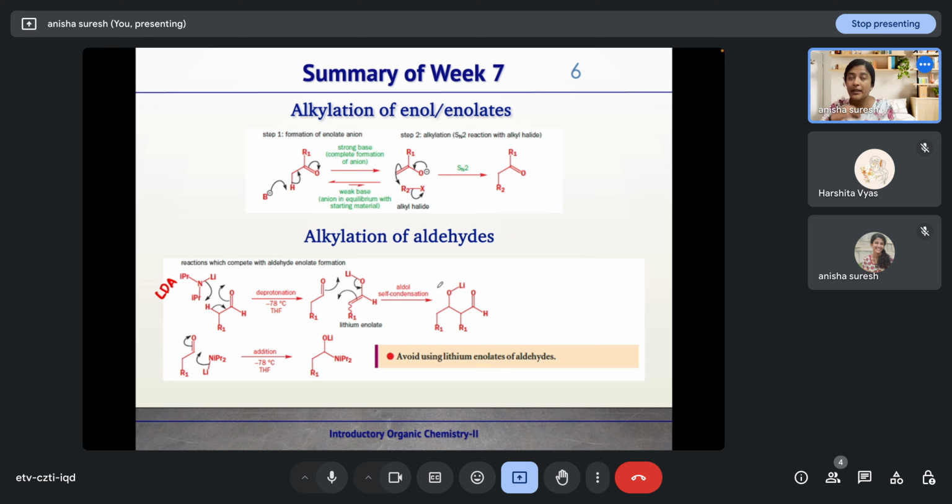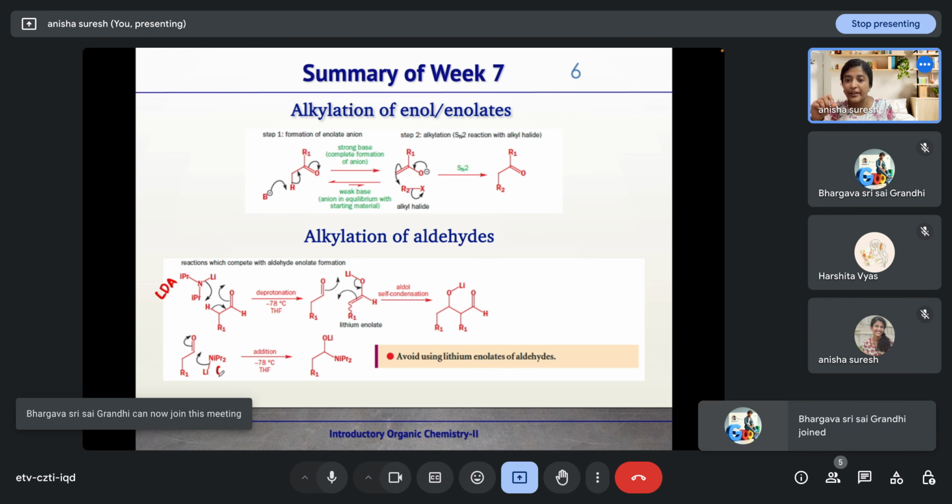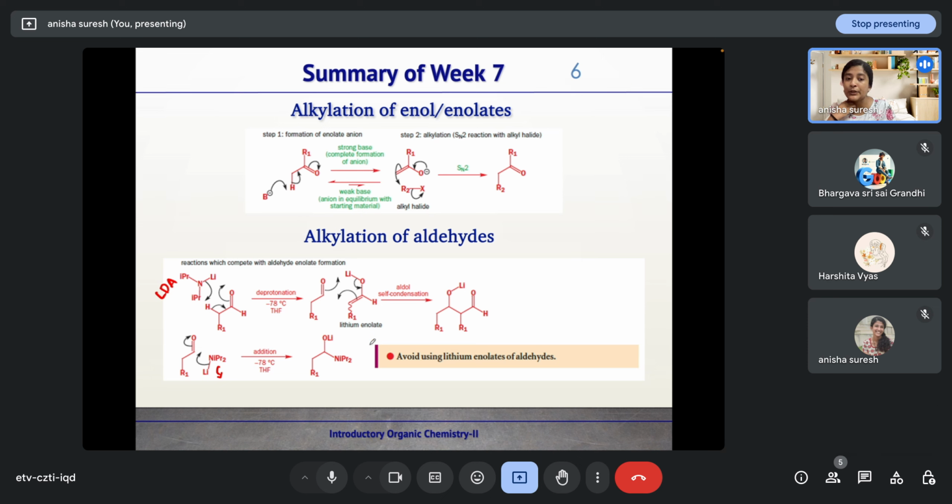So this self condensation is a side reaction, and also some bases can act as nucleophiles. LDA is non-nucleophilic, but if we use some other bases, they can undergo nucleophilic addition with the carbonyl and give side products. So avoid using lithium enolates of aldehydes.